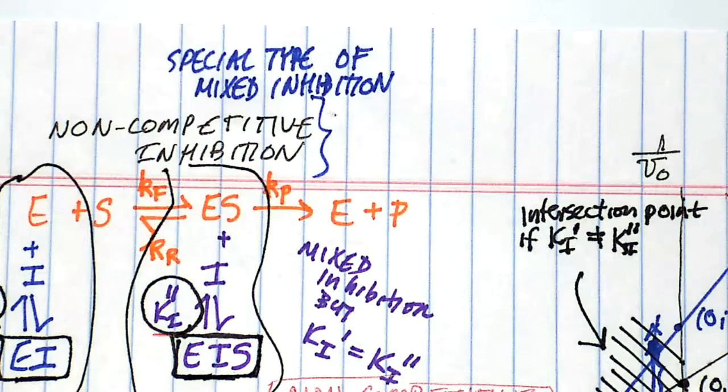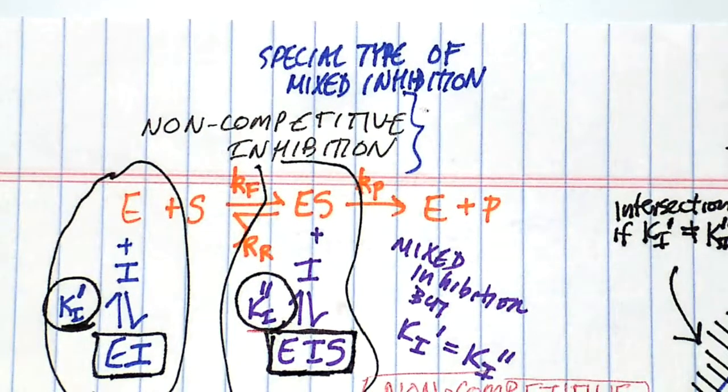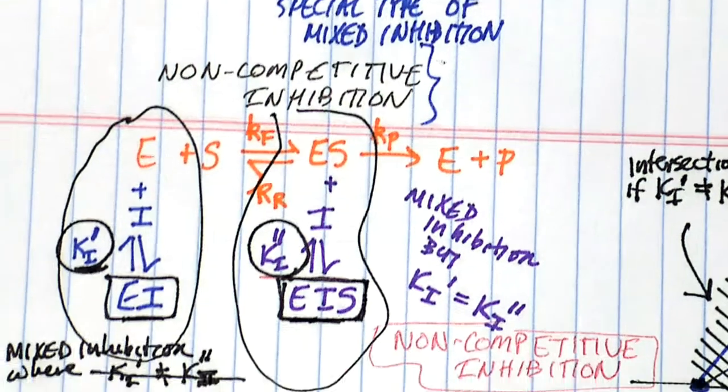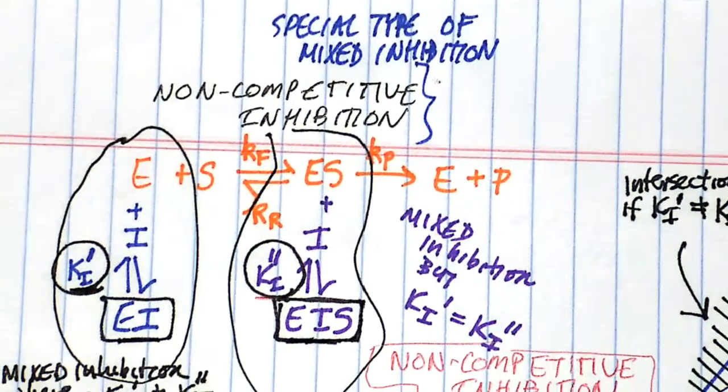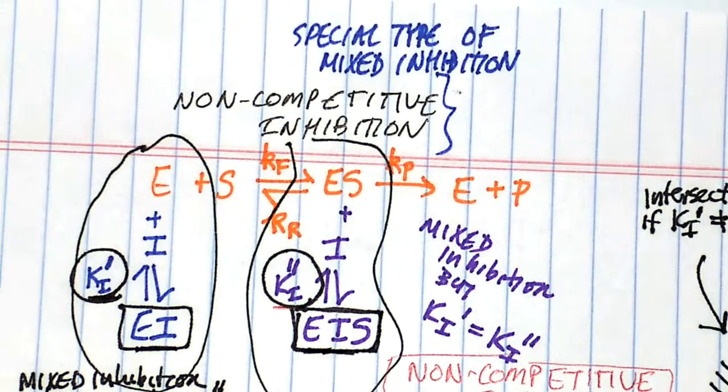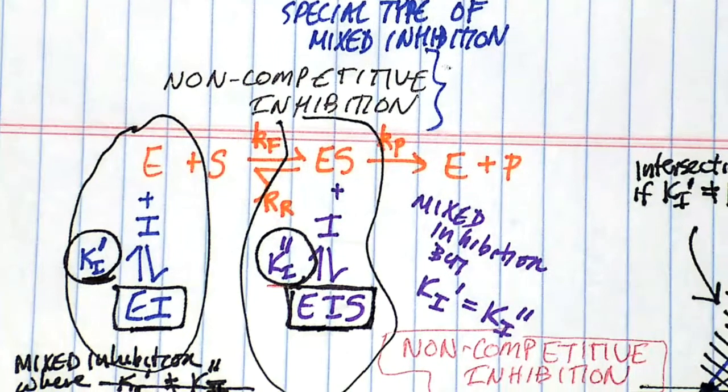There are several examples of non-competitive inhibition. The beta-lactam antibiotics is one example. The angiotensin converting enzyme inhibitors, known as ACE inhibitors, are non-competitive inhibitors, or you can call them mixed inhibitors. Those are blood pressure lowering drugs.